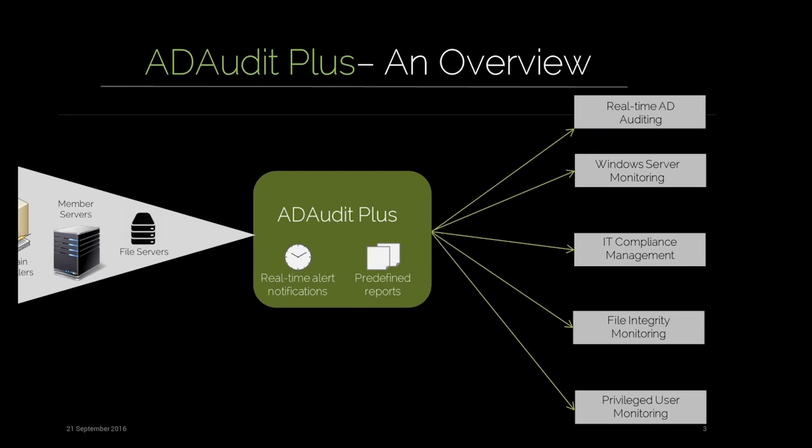So what is ADAudit Plus? ADAudit Plus is a secured web-based Active Directory auditing software. When I say auditing software, it audits every change that's happening in your Active Directory. The best part of ADAudit Plus is that it does not install any agents on the domain controller.